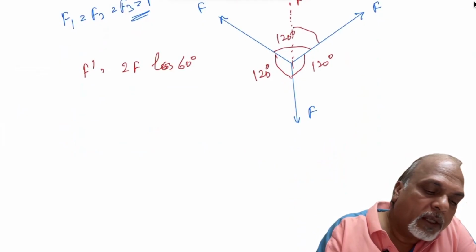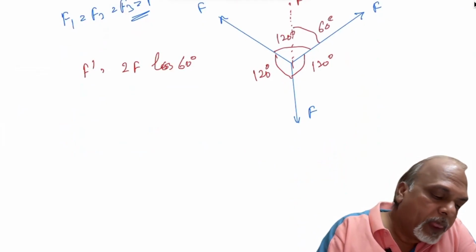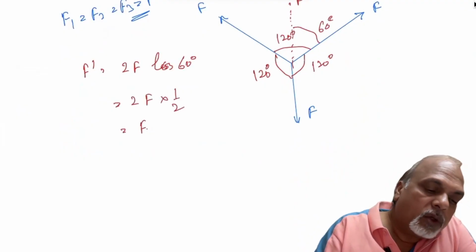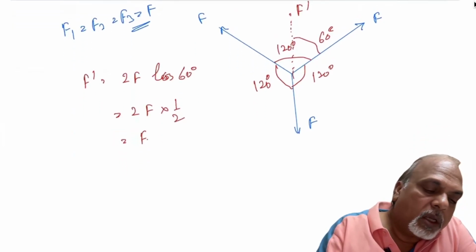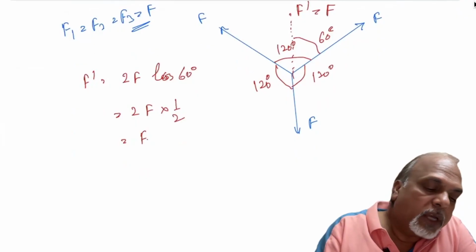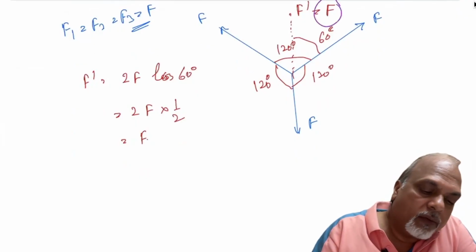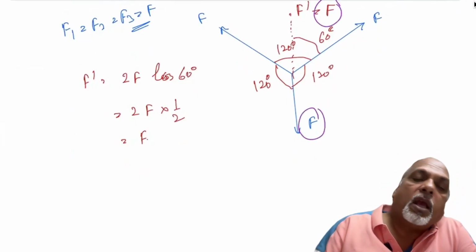So this angle is nothing but 60 degree. That means 2 into F into 1 by 2, means F only. So this F and this F will counterbalance each other.